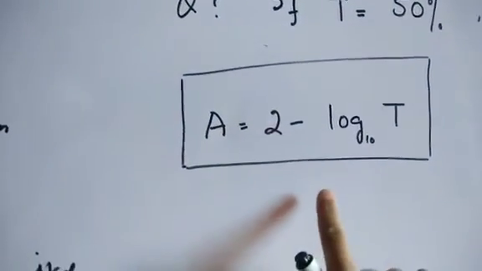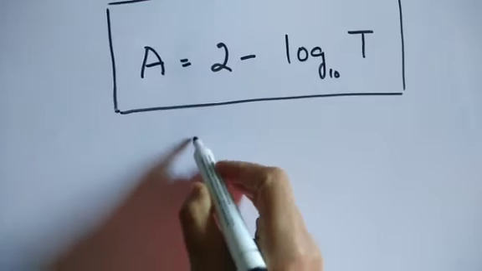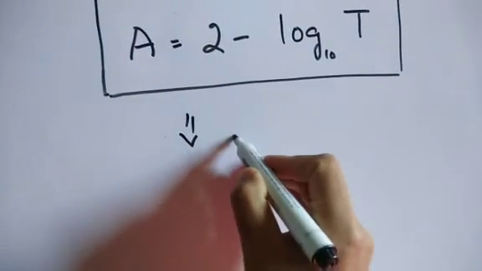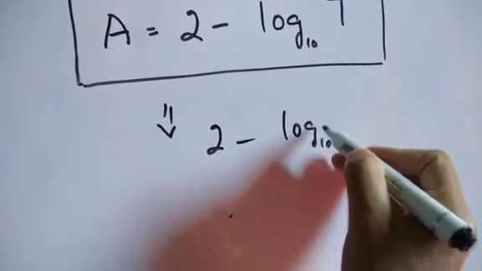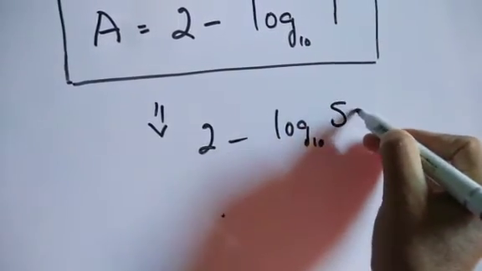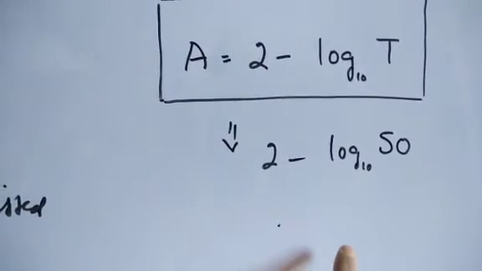Right? So A is equal to 2 minus log of transmittance. तो अगर हम यहाँ पे ये वाला रिलेशन अप्लाई करेंगे, so we'll end up with 2 minus log of 50. Fine.